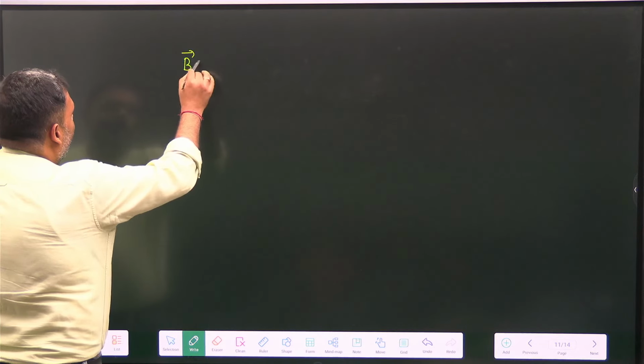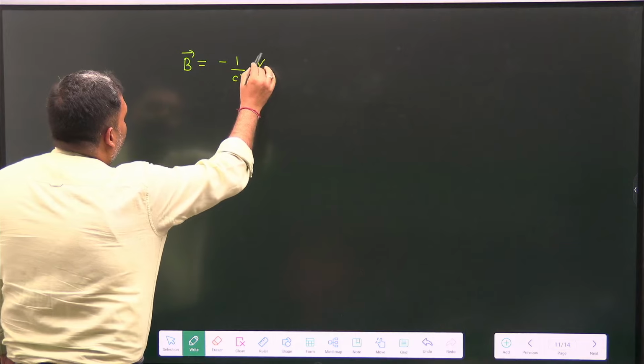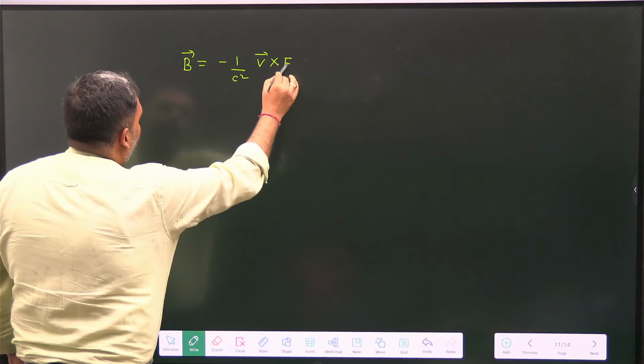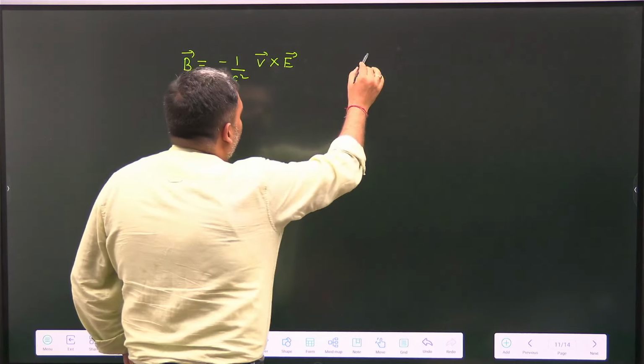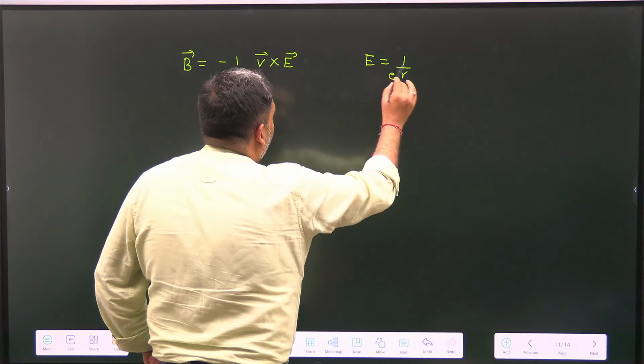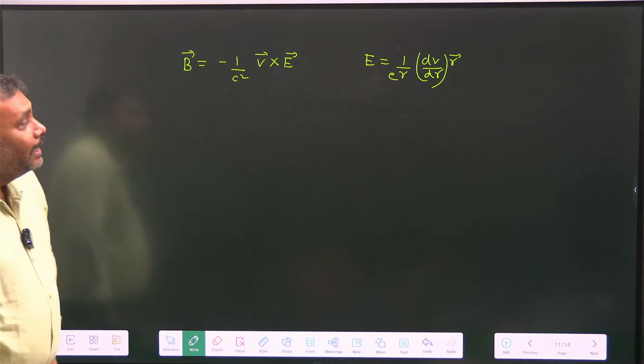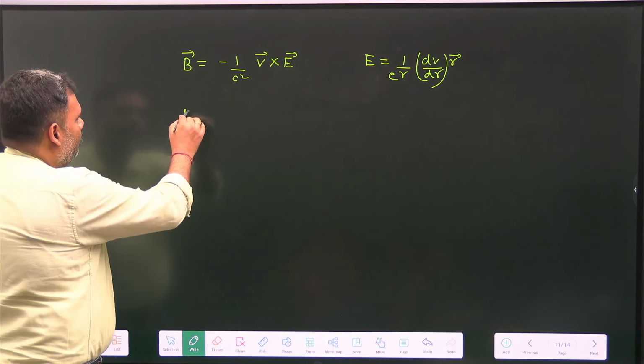ओके, so what I have basically my magnetic field, this my magnetic field is minus 1 upon C square, that is V cross E. And what is my electric field? Electric field is 1 upon E R dV upon dr, r vector, ठीक है जी। And now look at this beautiful derivation.